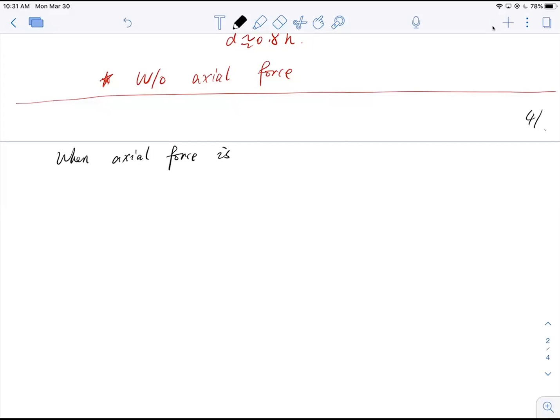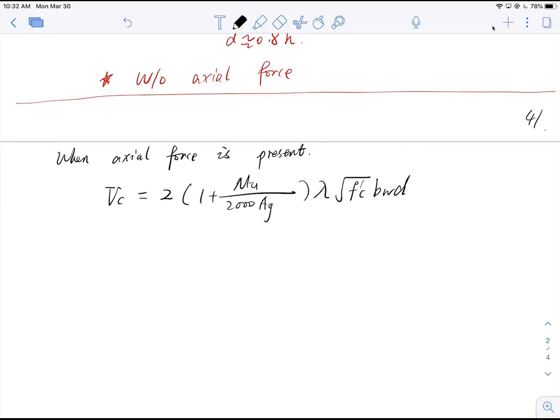Okay, good. So when axial force is present, my equation changes slightly. So Vc equals 2 times the bracket of 1 plus Mu divided by 2000 Ag, and outside is lambda square root f prime c bw d.